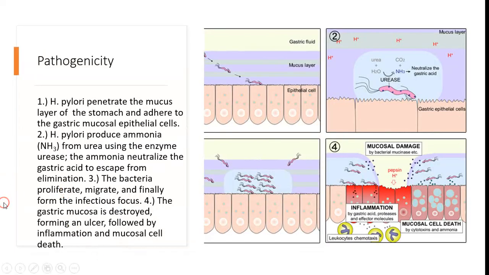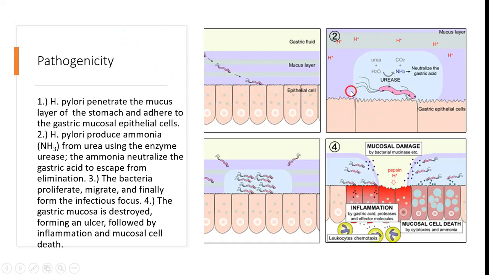So let's look a little bit here at the pathogenicity. So you get the bacterium in, and this is still kind of unknown a little bit, if it's always food or how people get it. Is it oral-fecal, and how do we get that bacteria in? But the bacteria is going to get into the gastric system, and it's going to go straight to that mucous membrane.